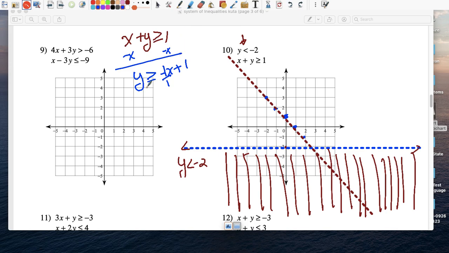Let's pick the point 0, 0 and substitute. So I get 0 greater than, obviously, 0 plus 1. Is 0 greater than 1? No, it's not. So I don't want to shade below the red line. I want to shade above it, here, above the red line.